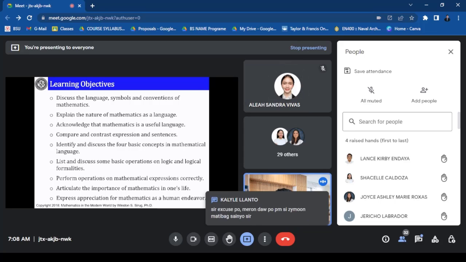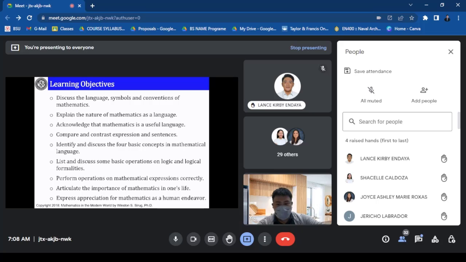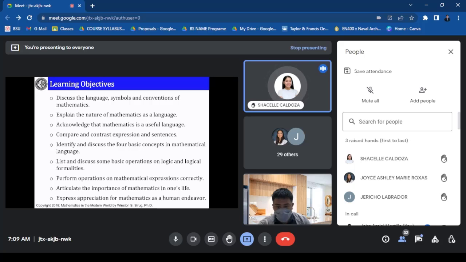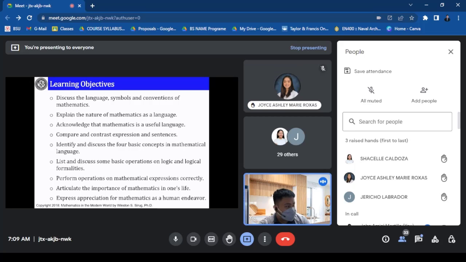Lance Kirby. Identify and discuss the four basic concepts of mathematical language. Shaisel. List and discuss some basic operations on logic and logical formalities. Joyce. Perform operations and mathematical expressions correctly.